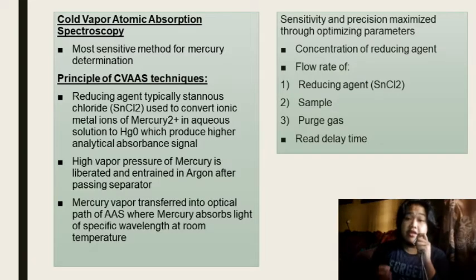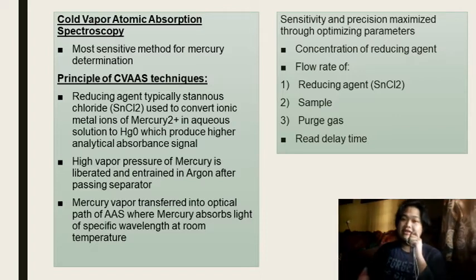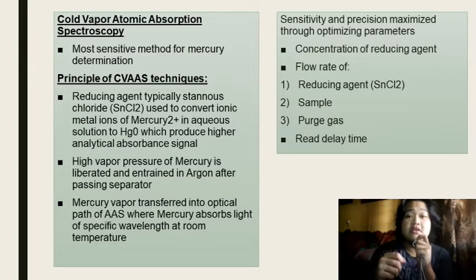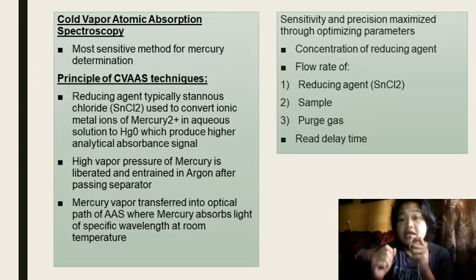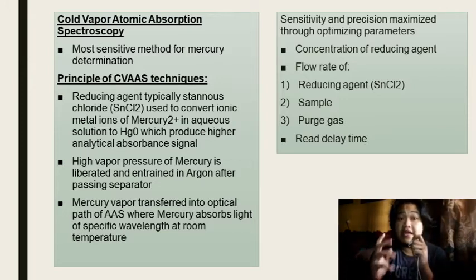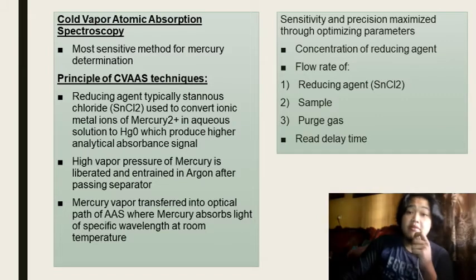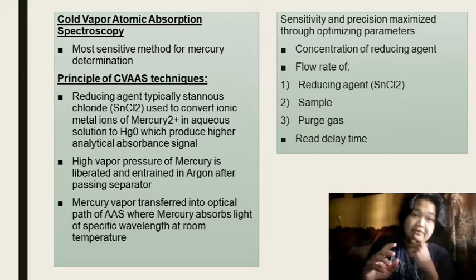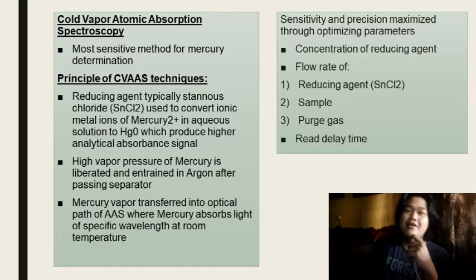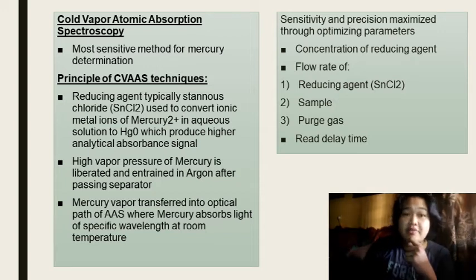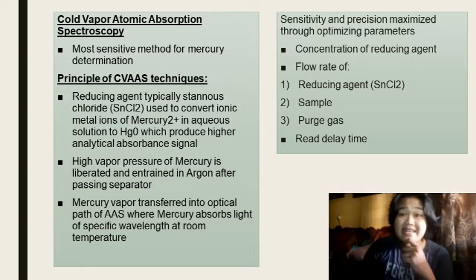So, how do we detect mercury? For mercury, we will use cold vapor atomic absorption spectroscopy because it is the most sensitive method for mercury determination. There are also principles of cold vapor atomic absorption spectroscopy techniques.